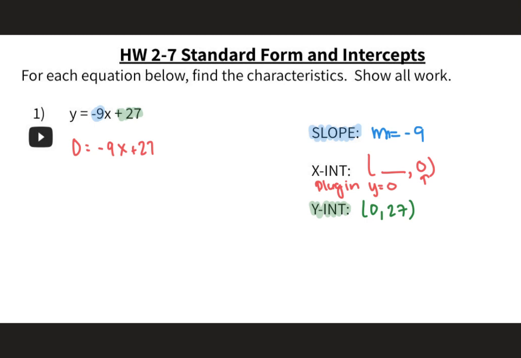So I'm going to actually subtract 27. So 0 minus 27 is negative 27. And then from here, divide both sides by negative 9. So negative 27 divided by negative 9 is going to be positive 3. So my x-intercept is going to be 3, 0.